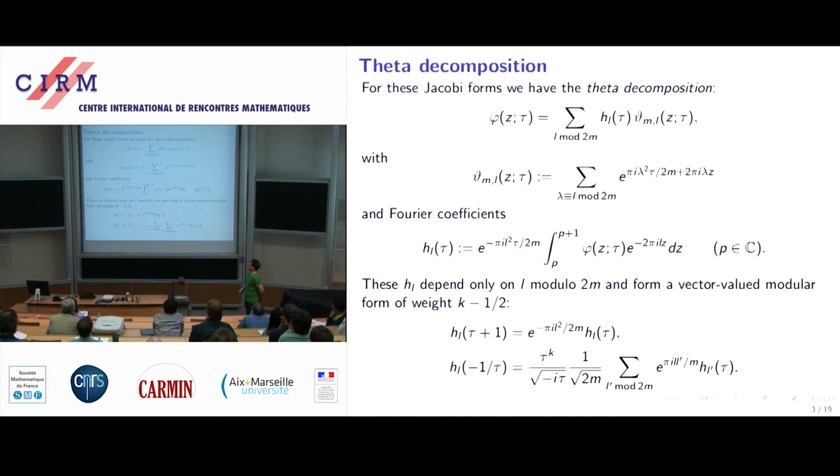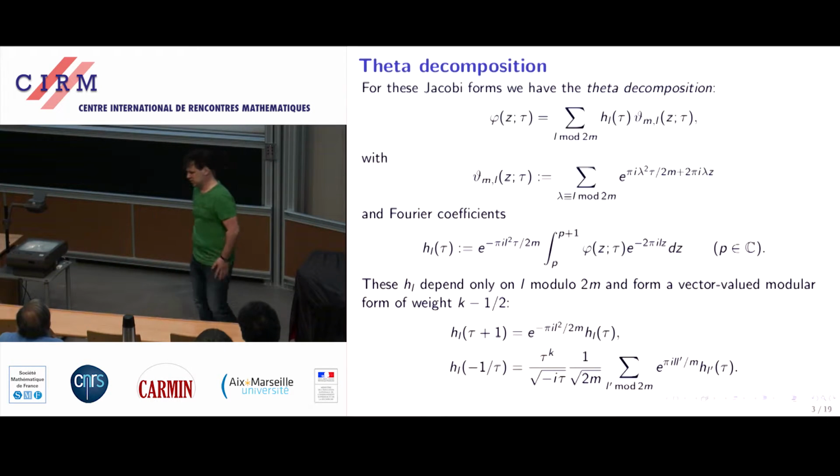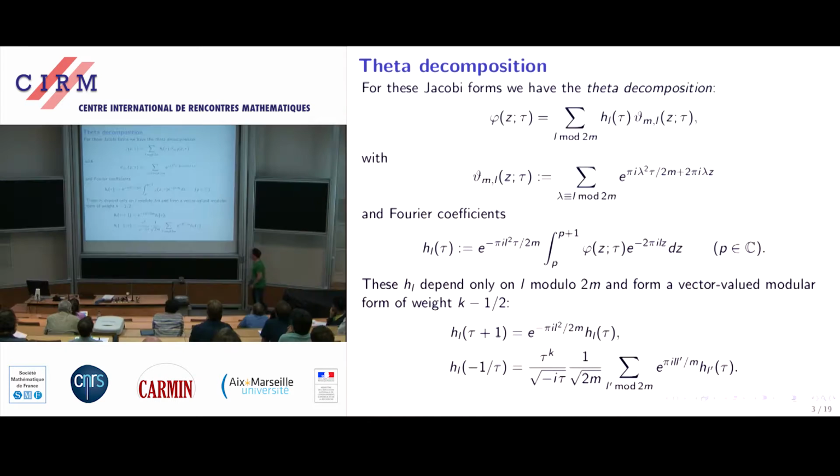As I said, you only have 2m of them. If you put them into a vector, it transforms nicely. Explicitly, if you shift tau by 1, you just pick up a vector, and if you do the inversion, then you get a linear combination of all of them. So as a vector, it's a vector valued modular form with a very explicit transformation property, which comes from the transformation property of the theta function. So this is all the classical case.